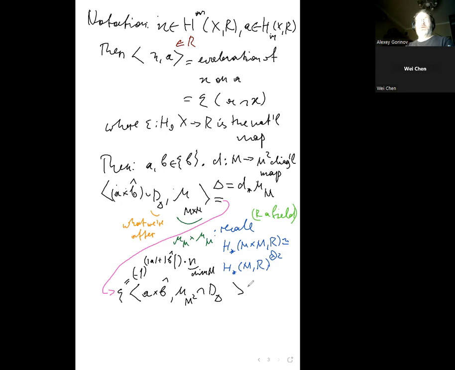Okay, so let's continue. Now, the result would be epsilon times A cross B roof cross D of the fundamental class of the diagonal.